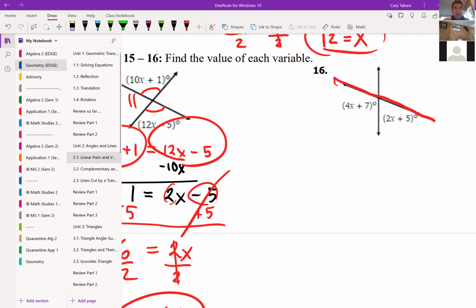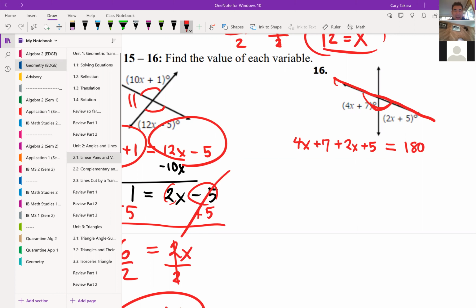So you're going to add them up and set it equal to 180. So let's try that. It's going to be a long equation. 4x plus 7 plus 2x plus 5. And they are all equal to what? 180.